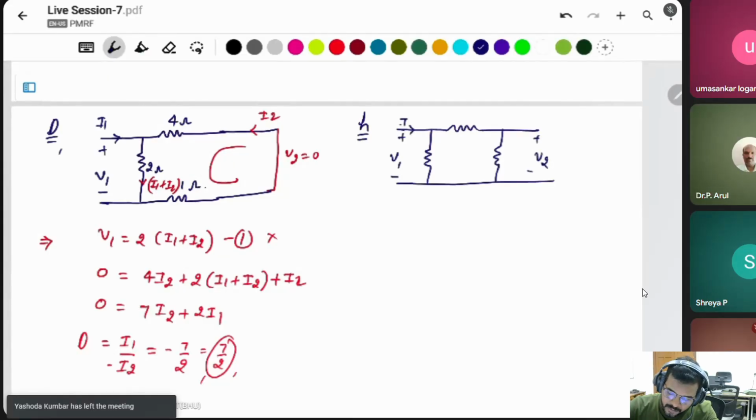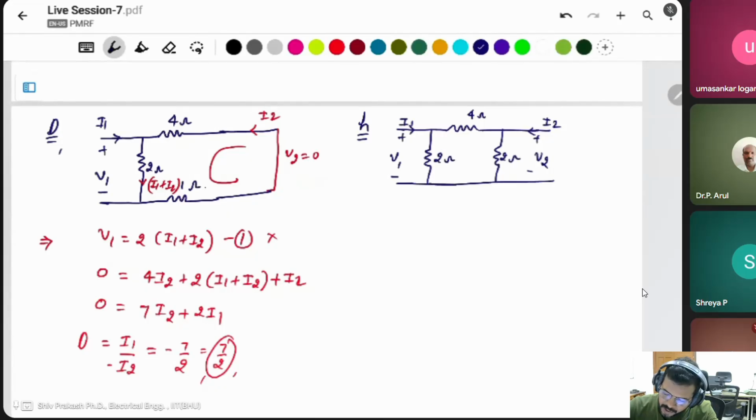This is I1, this is I2, 4 ohm, 2 ohm, and the resistance here, 1 ohm. I1 is equal to 0. This current is 0, which means there is no current, so the same current is passing through like that, I2 only.